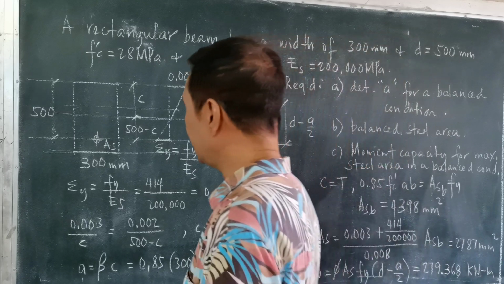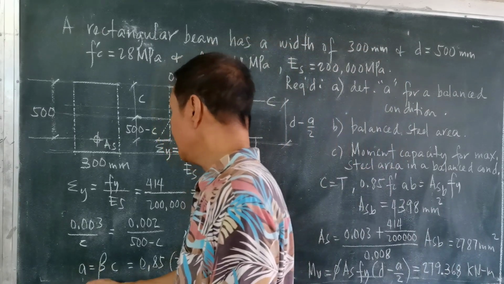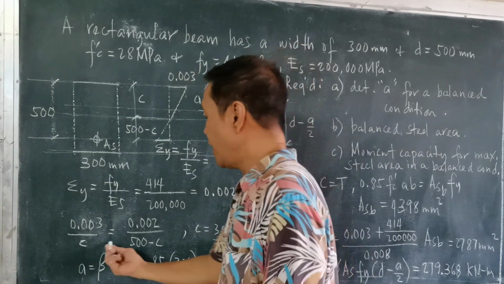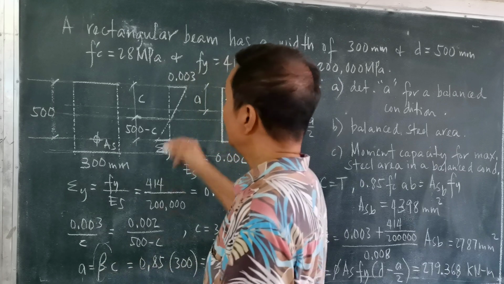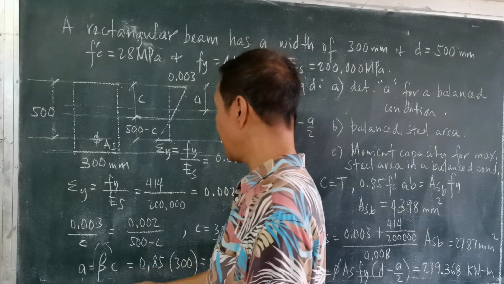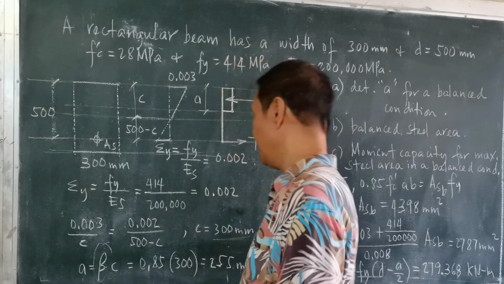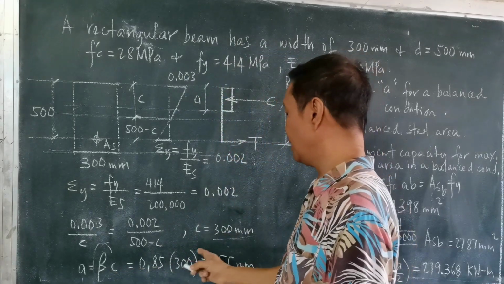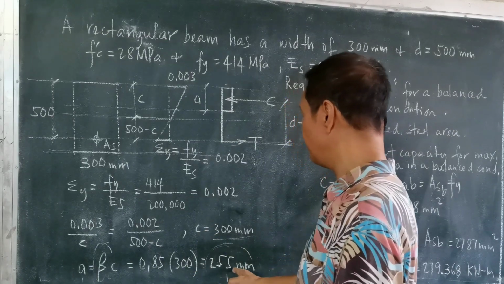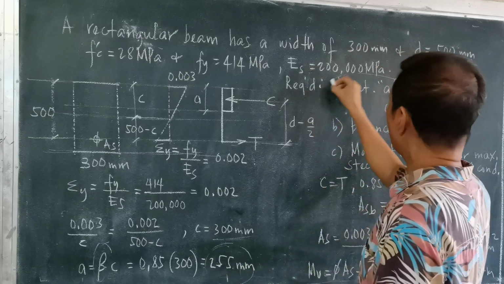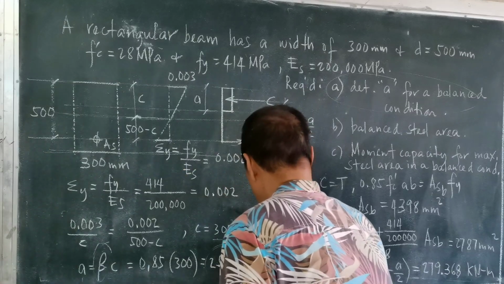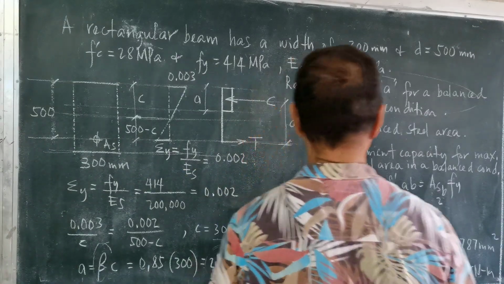Then you can make use of the formula. The depth of compression block is equal to beta times C. To determine the value of beta, our f prime c is 28, so our beta is 0.85, times the computed value of C, 300. The depth of compression block now is 255 millimeters. That is now our answer for requirement A.